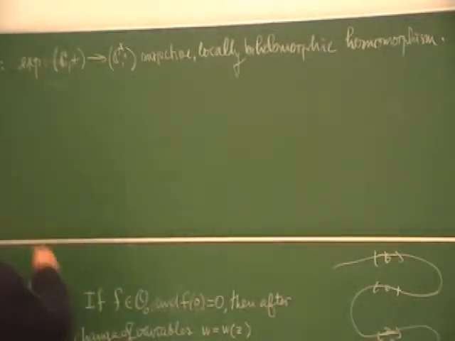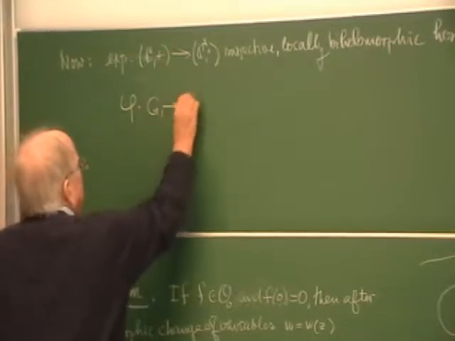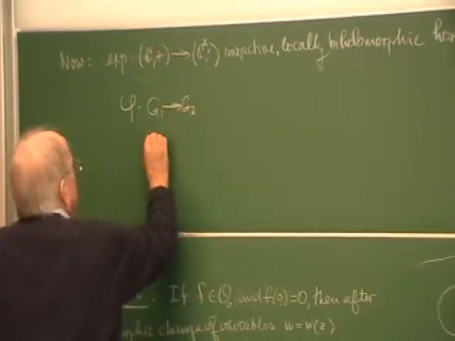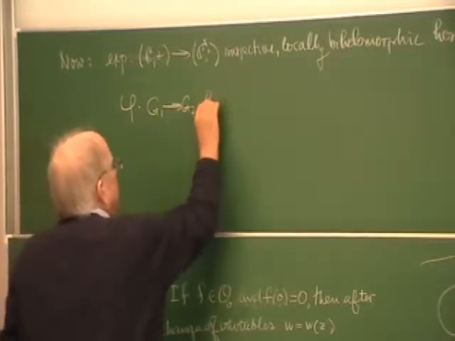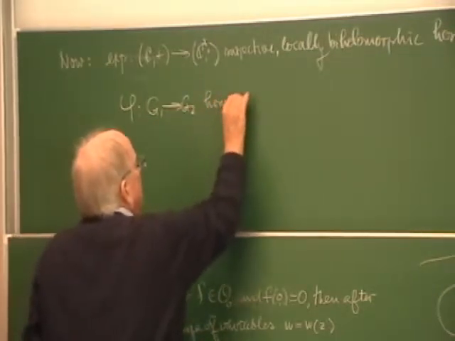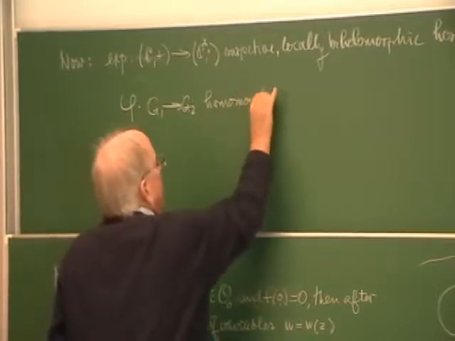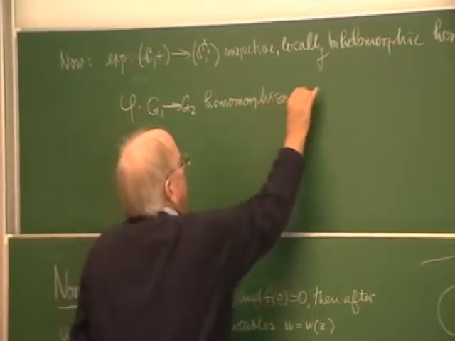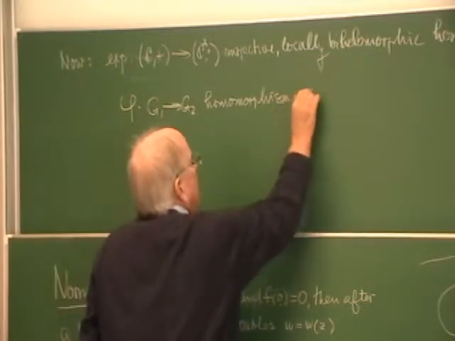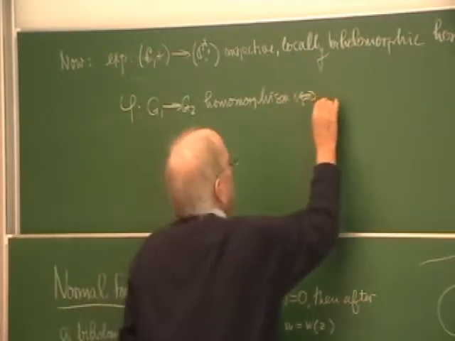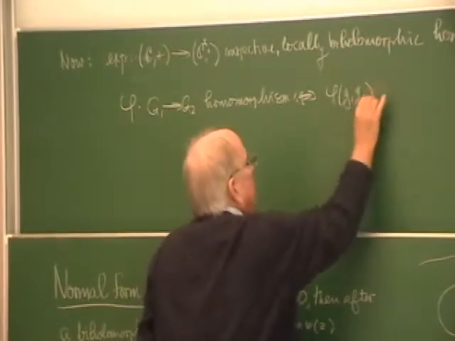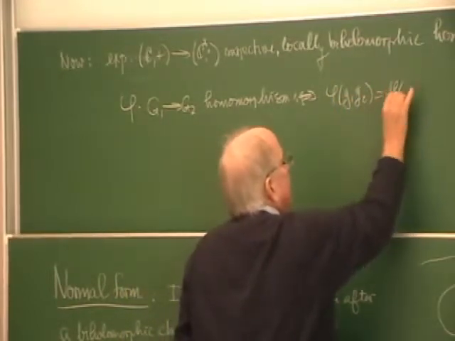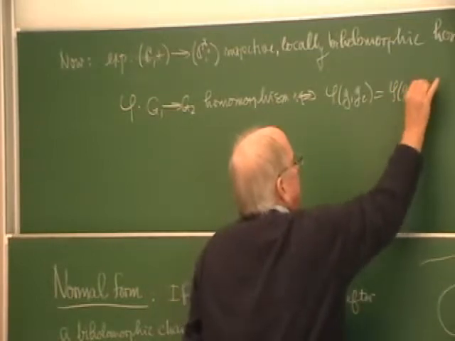It means, for phi from G1 to G2, where these things are groups, obviously, that phi is a homomorphism. It means phi of G1, G2 is equal to phi of G1, phi of G2.